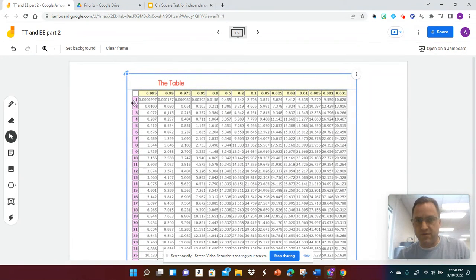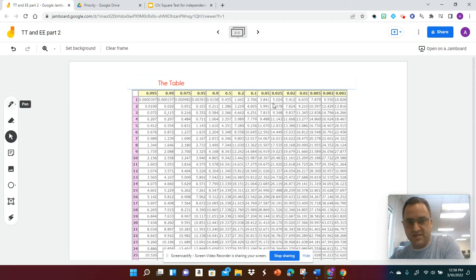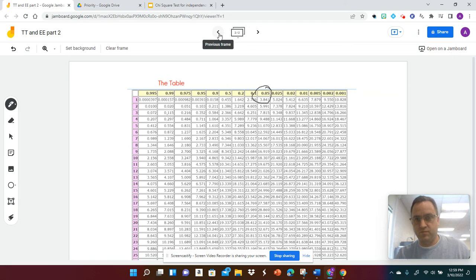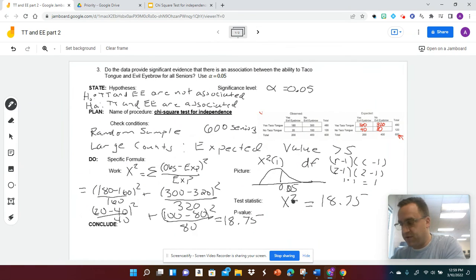We have 1 degree of freedom, so what we do is look at chi-squared of 0.05. Our test statistic has to be larger than 3.841. So our 95% value has to be larger than 3.841, and our chi-squared statistic is larger than the critical value.